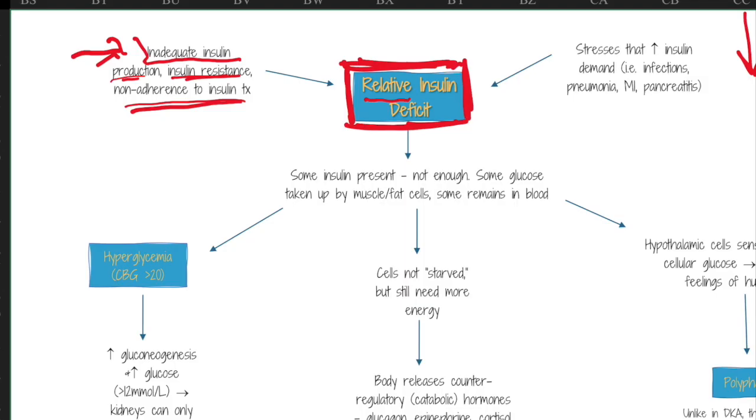So those are things that deplete insulin. But then you also have things that can increase glucose. When you increase glucose, your body has to do something with that glucose, and the only way for it to do something with that glucose is through insulin.